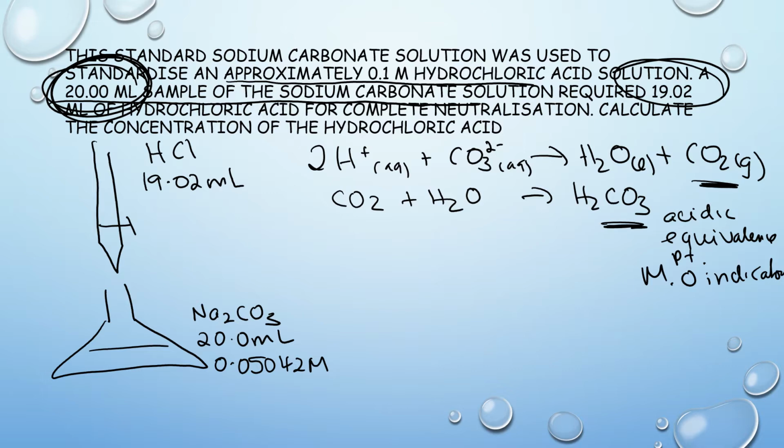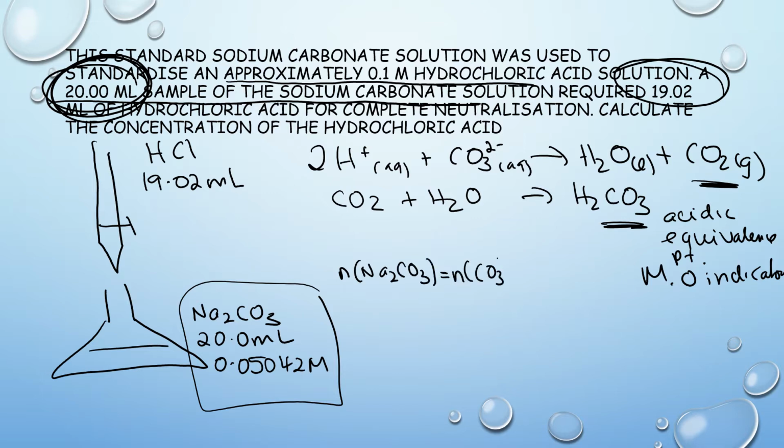So let's do the calculation. What do we know? Well, we have enough information to find the number of moles of sodium carbonate. So the number of moles of sodium carbonate will equal the number of moles of carbonate, which equals CV.